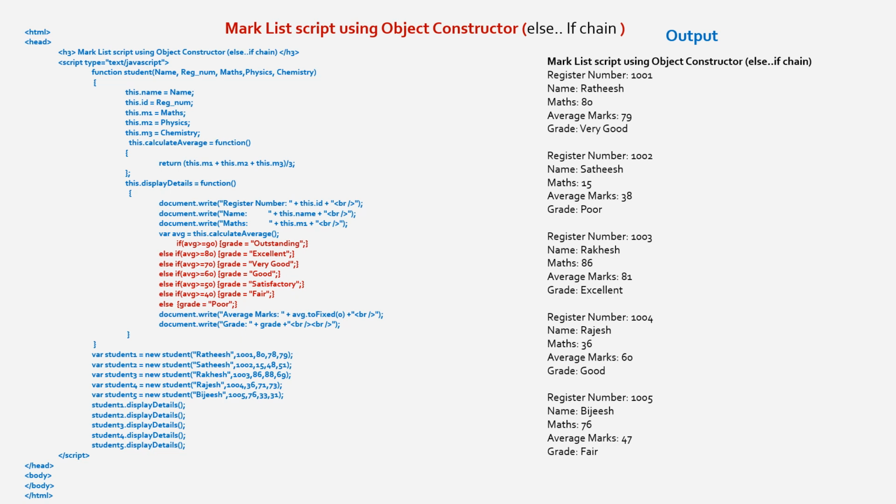Then 60 to 69, like that; you see the ranges one by one. Finally, the other case, less than 40, is poor. So this is the result. We got the corresponding results: very good, poor, excellent, good, fair and all. So now the if-else control structure is clear for you, I think.